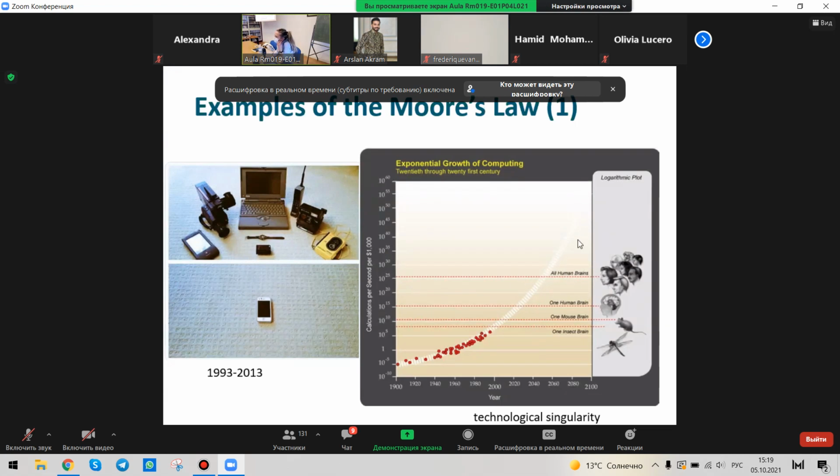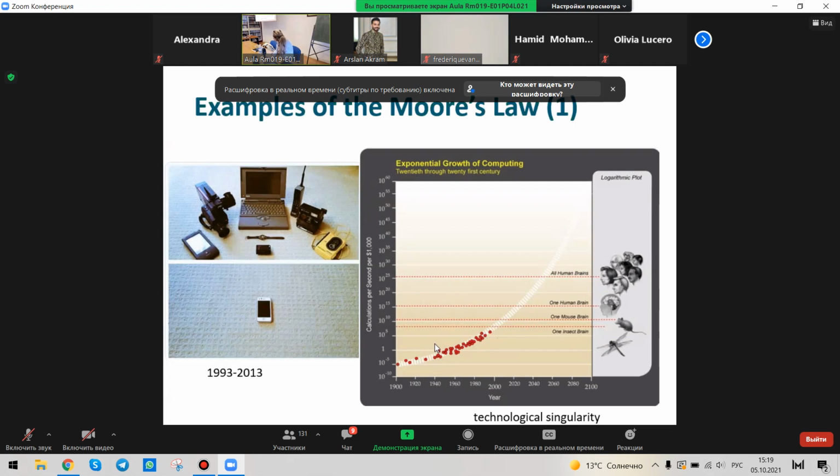This means a computer that will be able to process all the information that all the humans in the world are able to process. So, of course, the improvement in technology is not something that proceeds linearly, but again, with the power law. And this is what can be expected in the very near future.